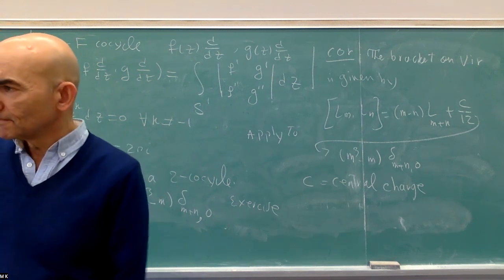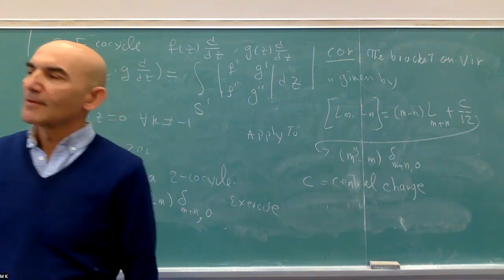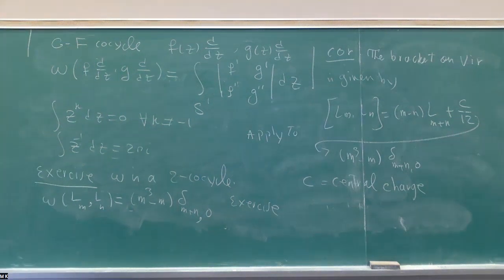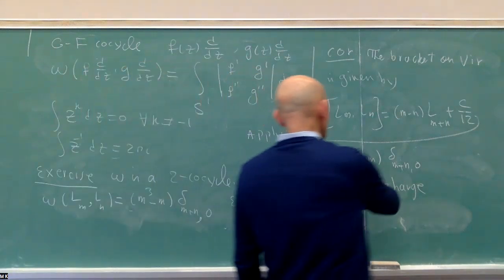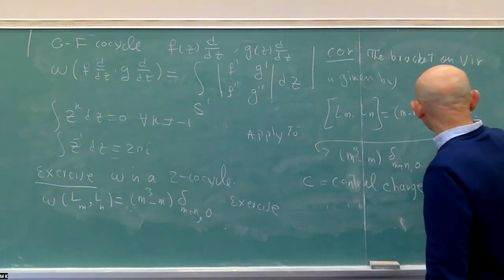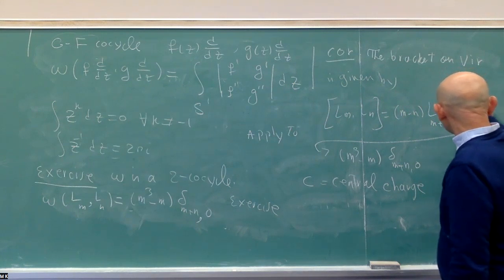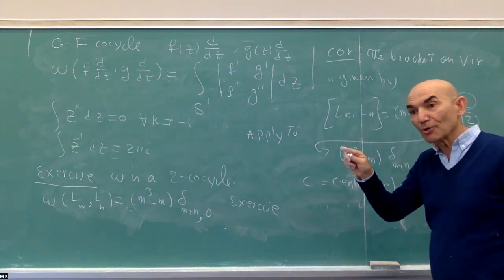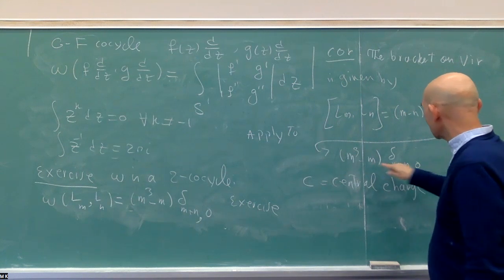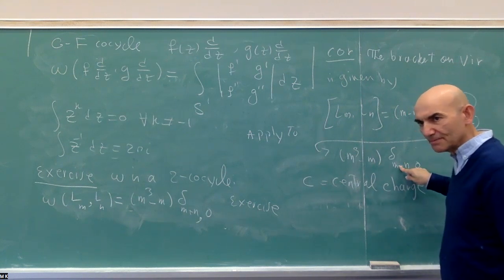Question? Going back to the definition of this bracket, because the Virasoro algebra has an extra generator. Yeah, which is C. But is that the same C as the complex number C? Which one? This one? Because of the C over 12 there. Yeah, this C is an element of the Virasoro algebra. Right. And this is the omega.